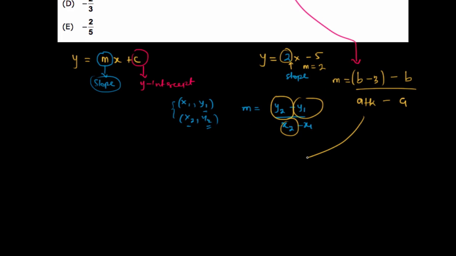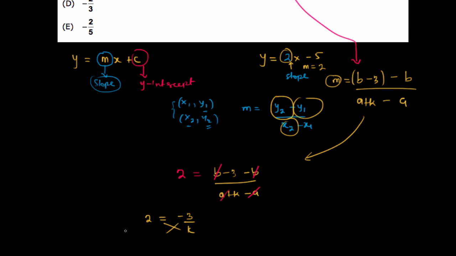Alright, I'm going to draw this down so we do not run out of space. Since m is 2, we have 2 = (b - 3 - b) / (a + k - a). Here the b cancels the negative b, and the a cancels the negative a. What you now have left is 2 = -3 / k.